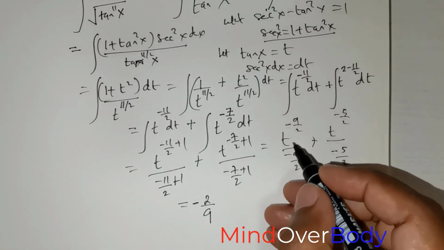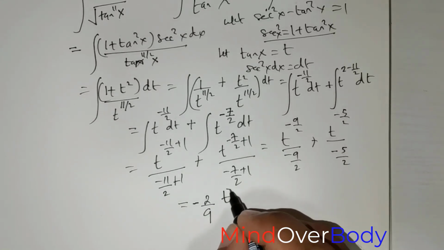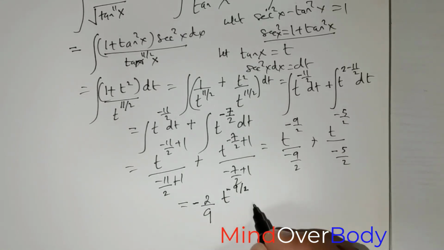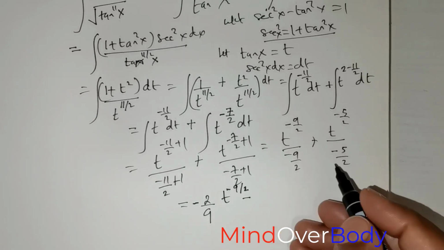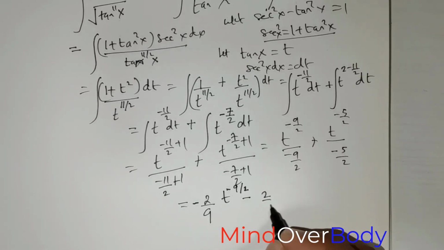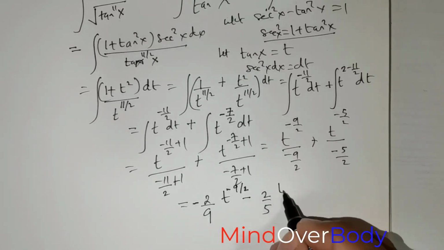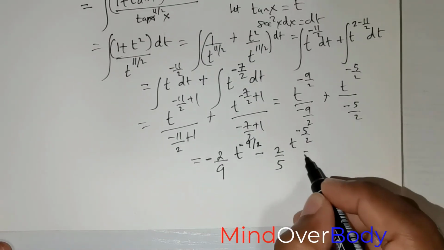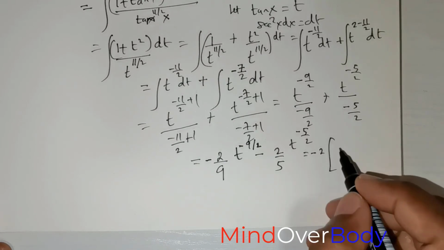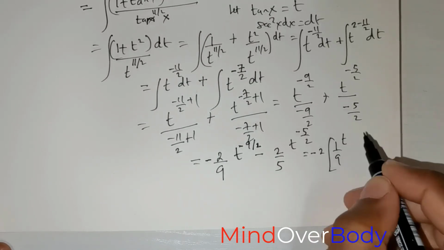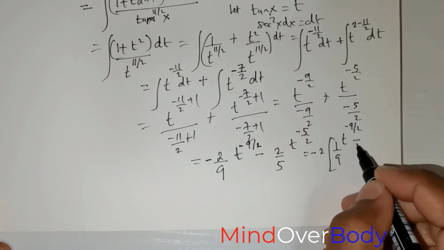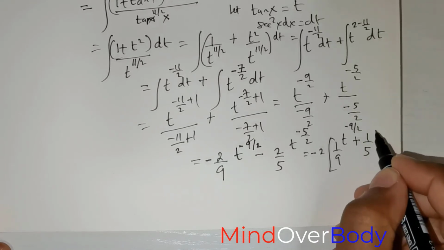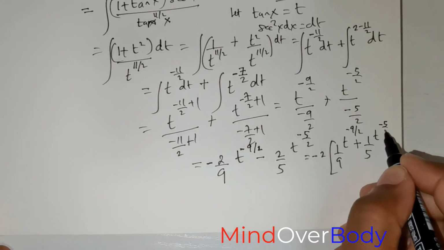And then you get t raised to the power of negative 9 over 2 followed by negative 2 over 5 t raised to the power of negative 5 over 2. Now if you were to take negative 2 out, this would give me 1 over 9 t raised to the power of negative 9 over 2 plus 1 over 5 t raised to the power of negative 5 over 2.